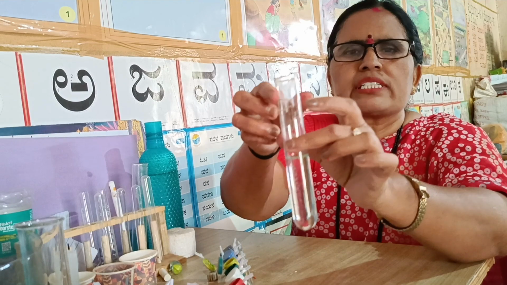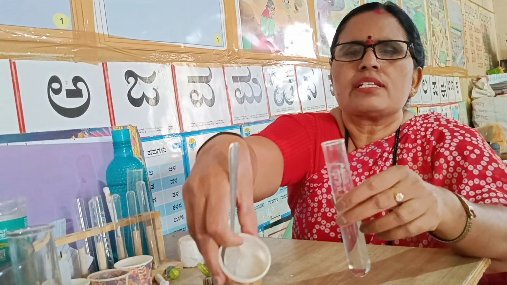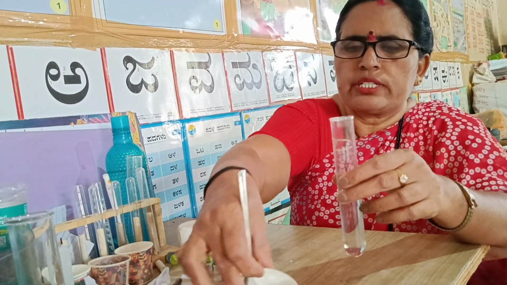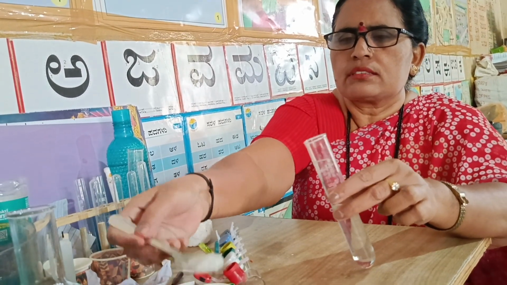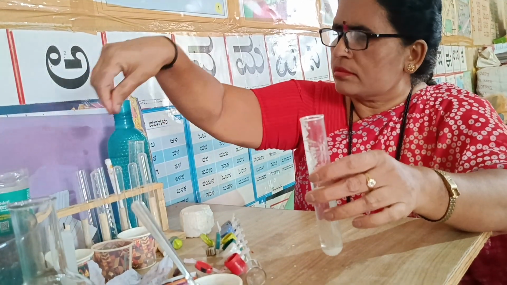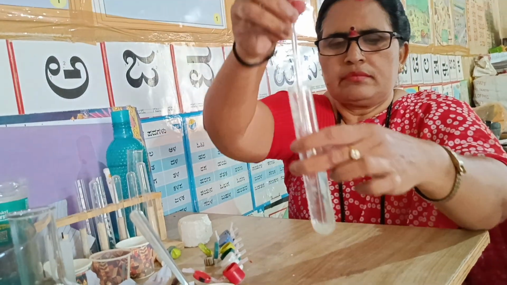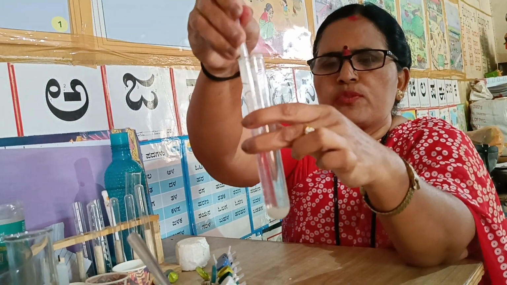So I have taken water again. So this is sugar. I am going to add sugar in the water. And I am going to stir it. Observe in the bottle.